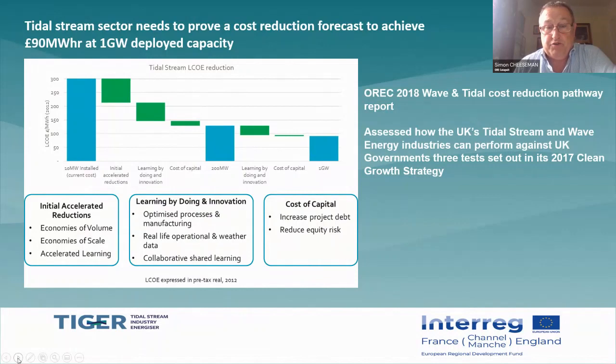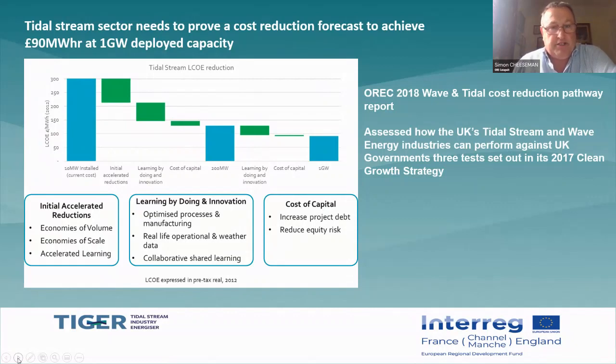The focus was very much on offshore wind, and we wanted to try and readdress that by saying that there's something really good here from a UK perspective, from an indigenous manufacturing capability, from an injection of investment in coastal ports, and also an opportunity to demonstrate how wave and tidal could reduce costs.